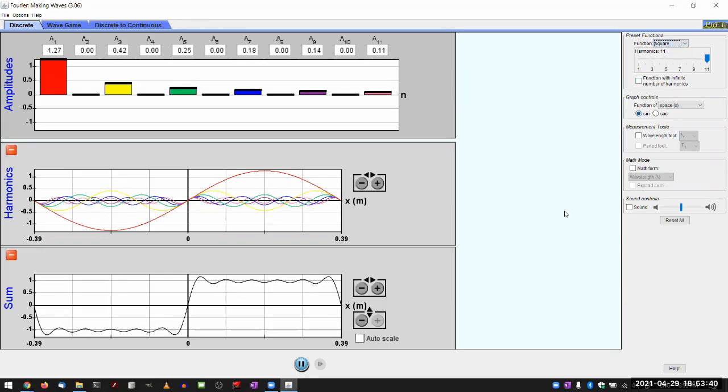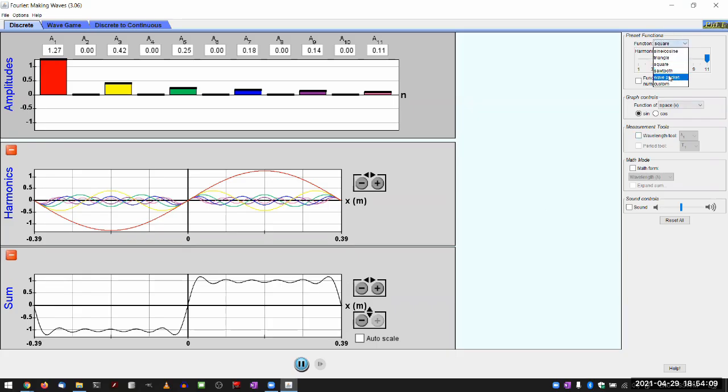Let me try a square. So the square wave involves this sharp transition, or what's attempted as the sharp transition. In order to get this sharp transition, you have to add these significant parts of the higher harmonics. And the sharpness of this transition is limited by the highest frequency that's included here. In the limit where this goes to infinity, I can approximate the square wave to arbitrary precision.